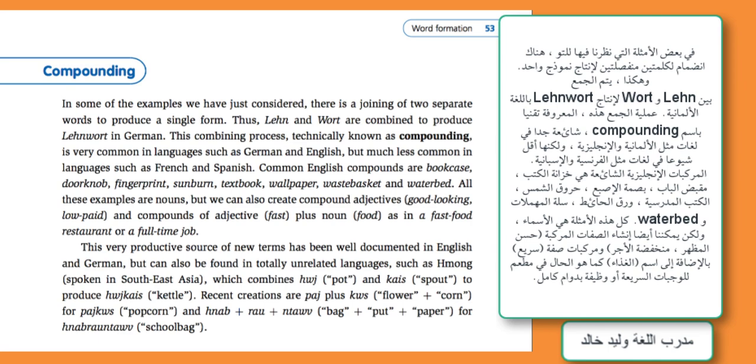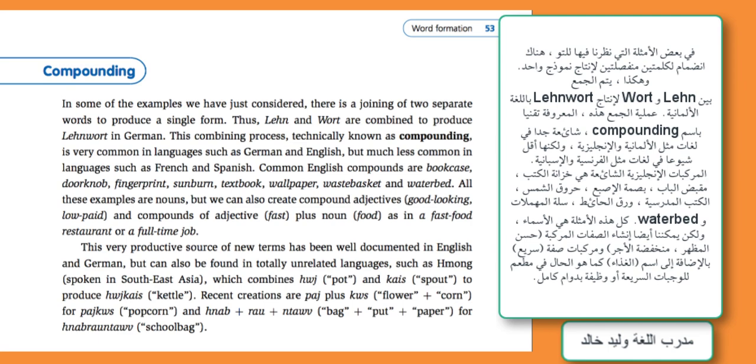This combining process, technically known as compounding, is very common in languages such as German and English, but much less common in languages such as French and Spanish. However, common English compounds are bookcase, doorknob, fingerprint, sunburn, textbook, basketball, wastebasket, waterbed.